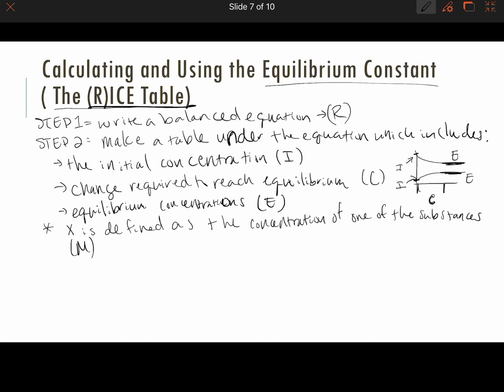We're going to use X to basically show how we change things. So we can have initial concentration and then that change in X concentration to get us to our equilibrium concentration. So our next step, we're going to substitute equilibrium concentrations into the equilibrium equation, and we're going to solve for X.